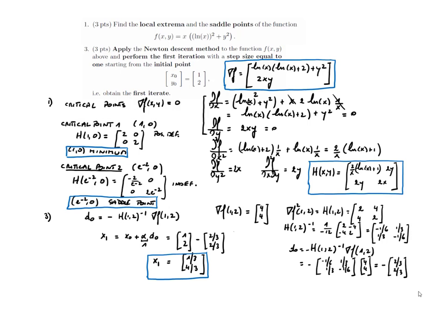So now we have to apply Newton's method, right, with a step size of 1 and initial point here that is (1, 2).